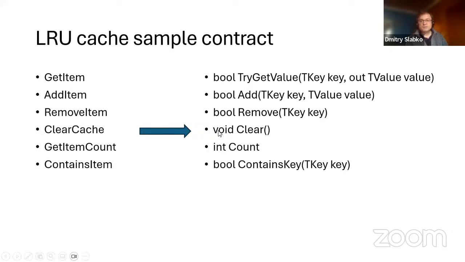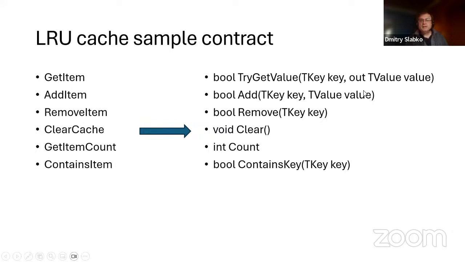So in this case, in order to check if the particular key was actually in the cache, we would need to first call the ContainsKey method. So instead of one operation, we would have to call two operations. And TryGetValue solves this by definitely telling us if it was able to retrieve a particular item or not.